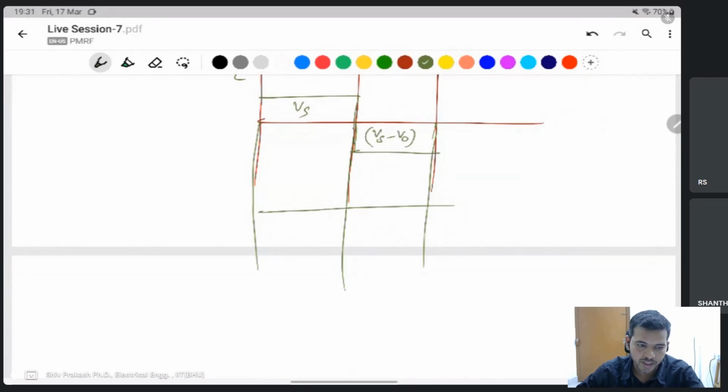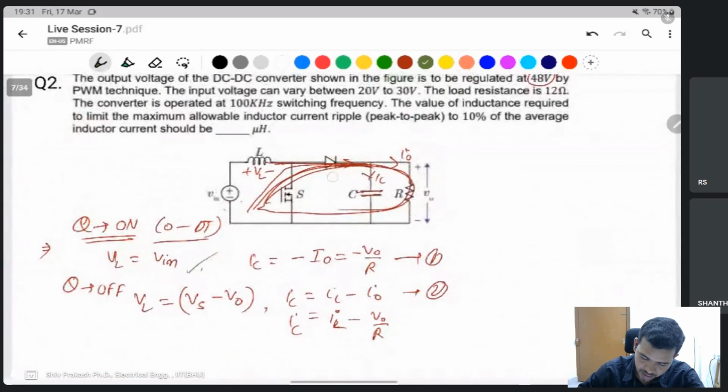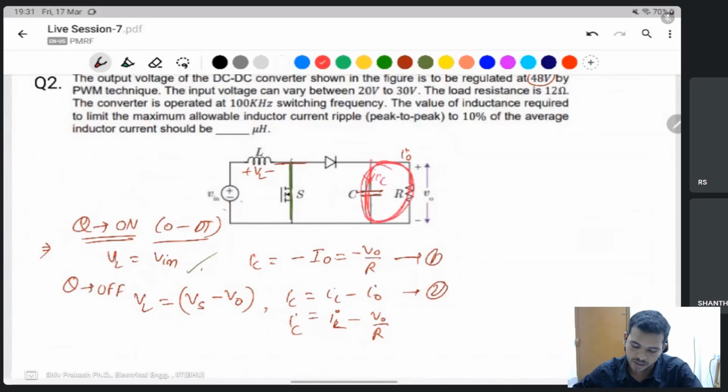What is the capacitor current? When the switch is on, the capacitor current flows as the constant output current, maintaining the output current. Because I assume the output is constant, it means output current is also constant. Then IC current flow is minus of I naught.